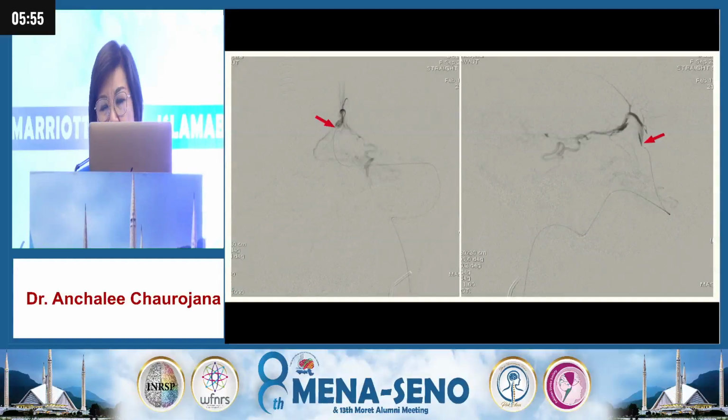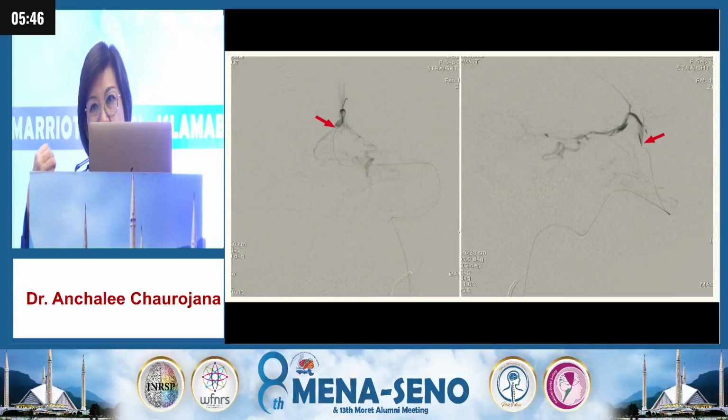Although it is falcotentorial, the concept of treatment of dural shunt is the same: we should cross at the venous outlet. Or if you can close the artery or the vein, it doesn't matter.